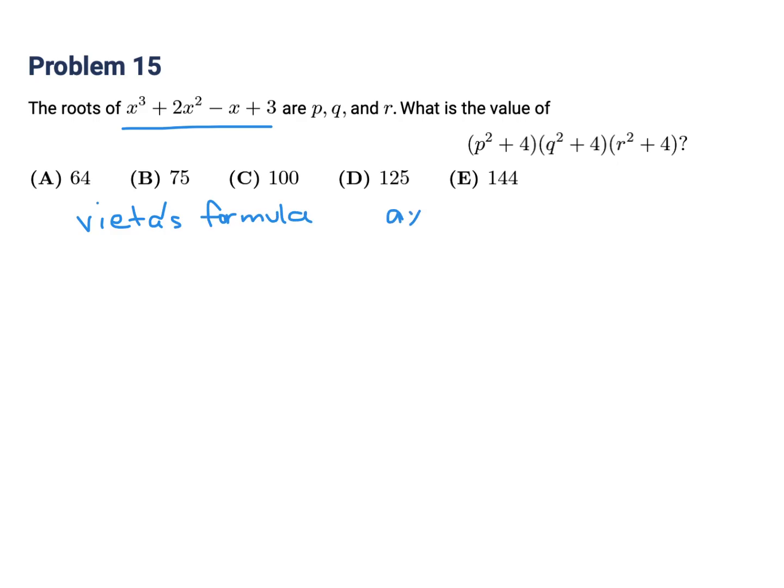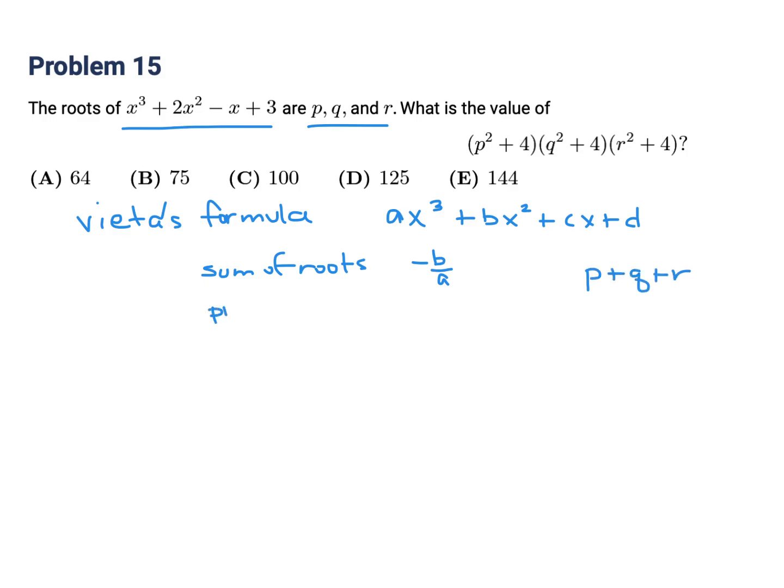So we have an equation of the form ax to the power 3 plus bx squared plus cx plus d. And in Vieta's, the sum of the roots can be calculated with just minus b over a. So if the roots were r1, well, in this case, the roots are p, q, r, so that would basically be the equivalent of p plus q plus r.